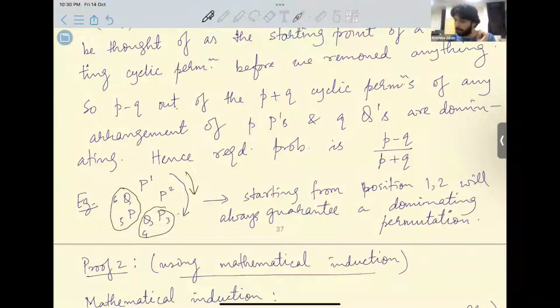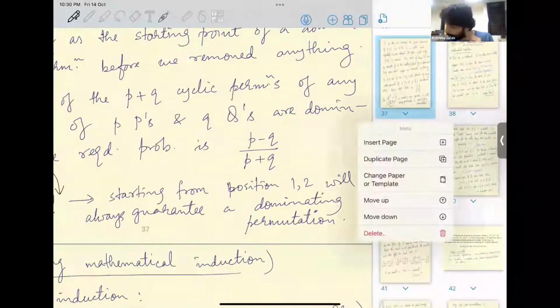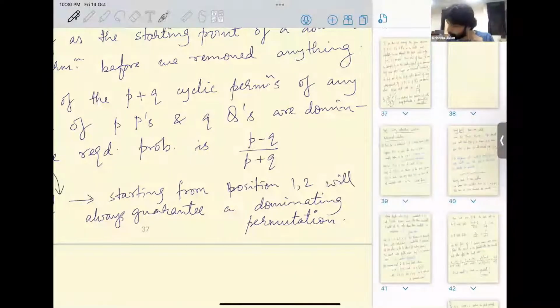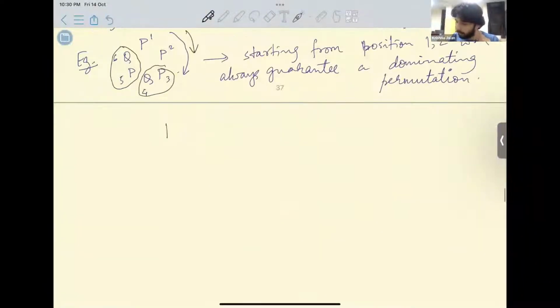So here I had P, P, Q, P, Q, P. Begin with P was 4 and Q was 2.